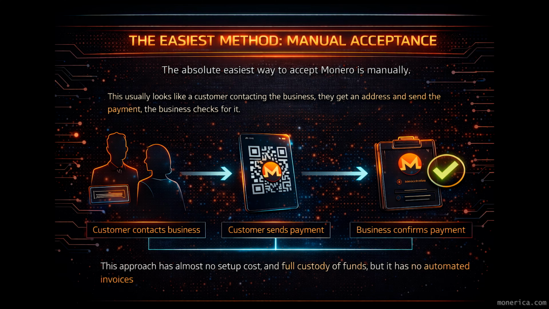This approach has almost no setup cost, no fees, and full custody of funds. However, it has no invoices, no automation, requires manual confirmation, creates friction for customers, and does not scale well. It works best for one-off payments, donations, trusted customers, or early testing.